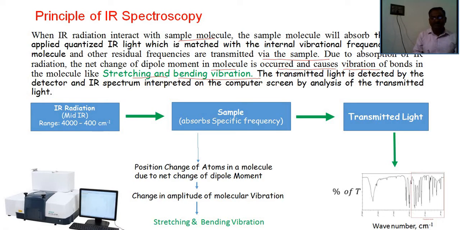Here, the sample absorbs specific frequencies, and what we get is the transmitted light. The graph is plotted as wave number versus percent transmission.